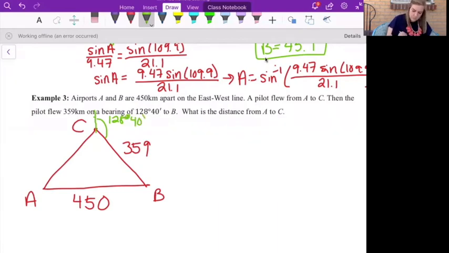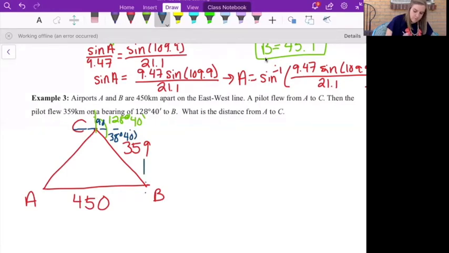Now, we want this to be side angle side, so that way we can use our law of cosines, because there's no way of us knowing the full angle of angle C. So what helps us is that if we draw this, our north, south, and east, west. So we know that this is 90, which means that this angle has to be 38.40.